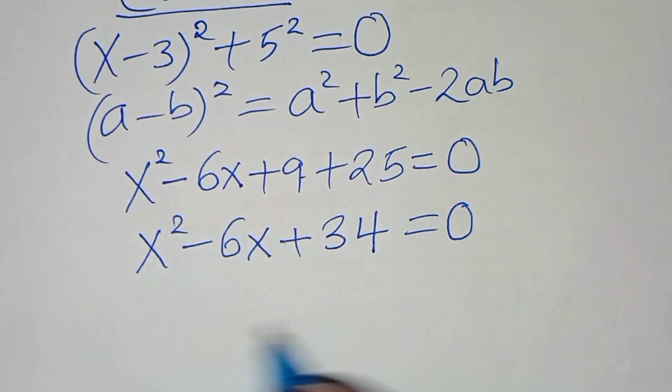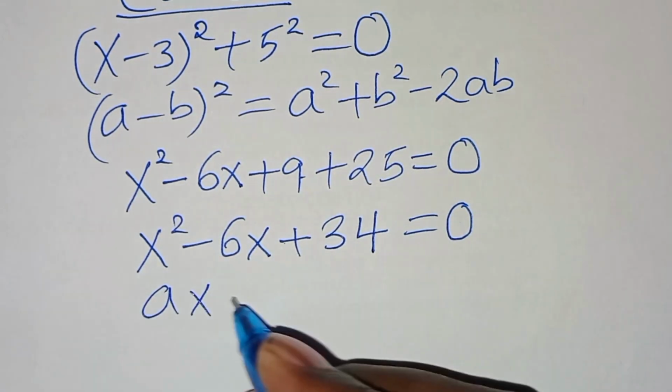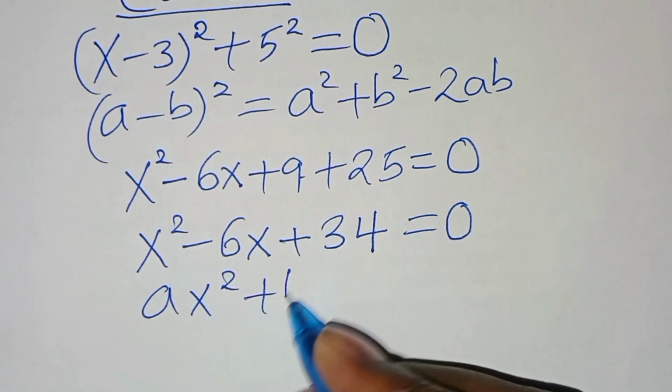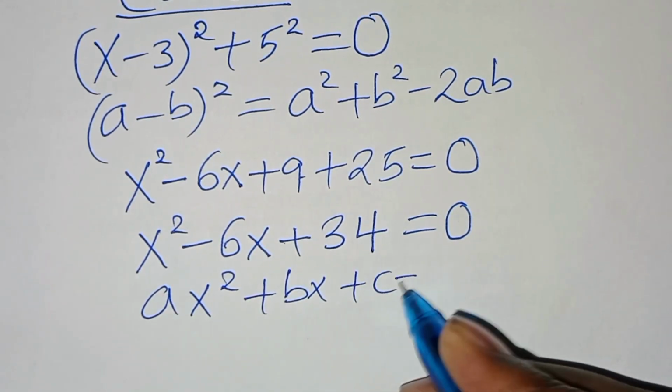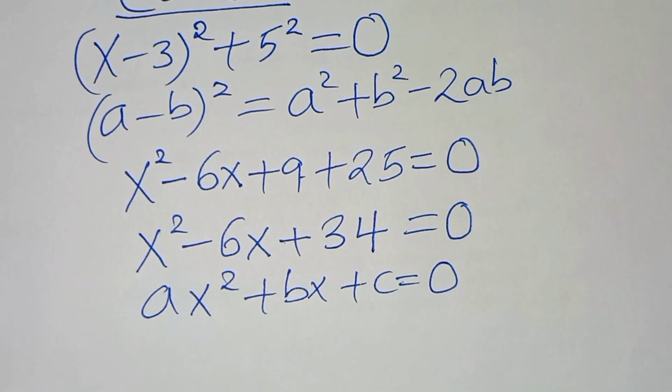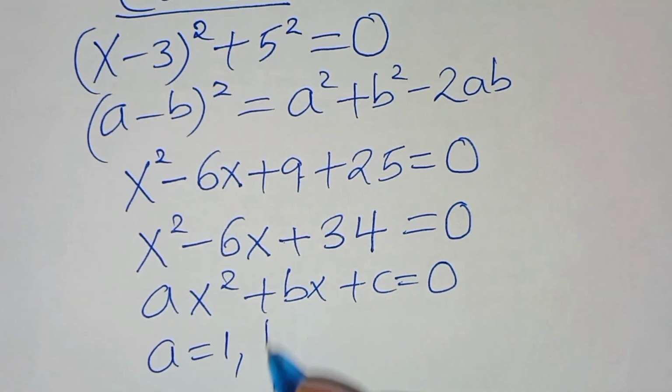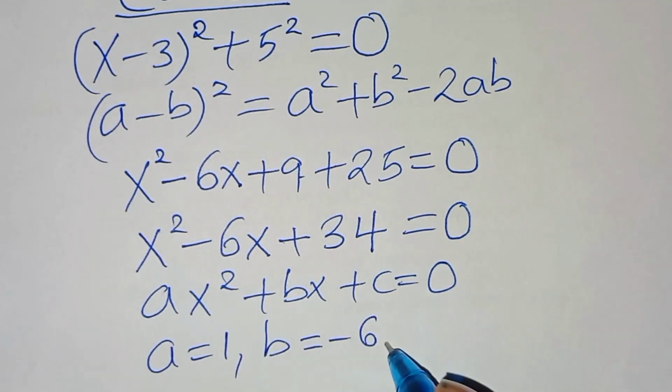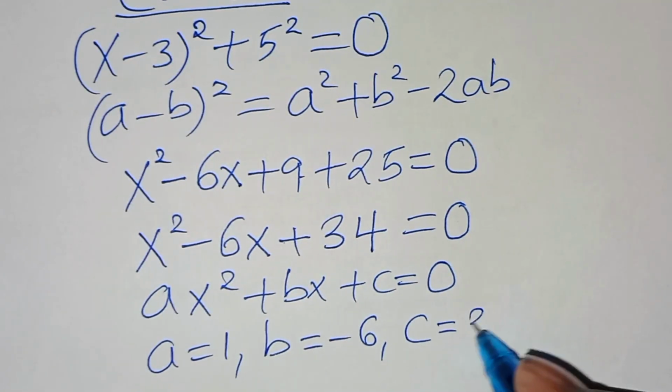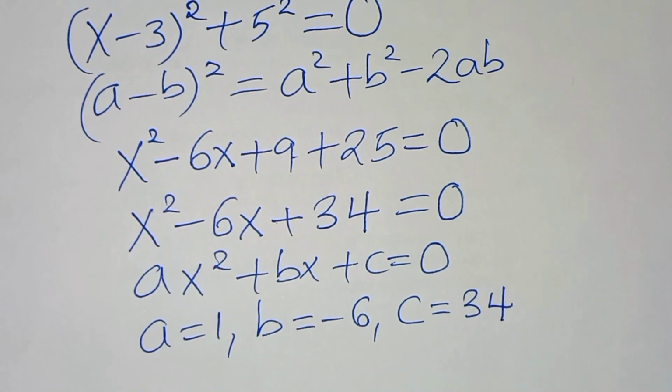Now from what we have here, this is a quadratic equation of the form ax^2 + bx + c = 0. So from this quadratic equation, a is equal to 1, b is equal to -6, and c is equal to 34.